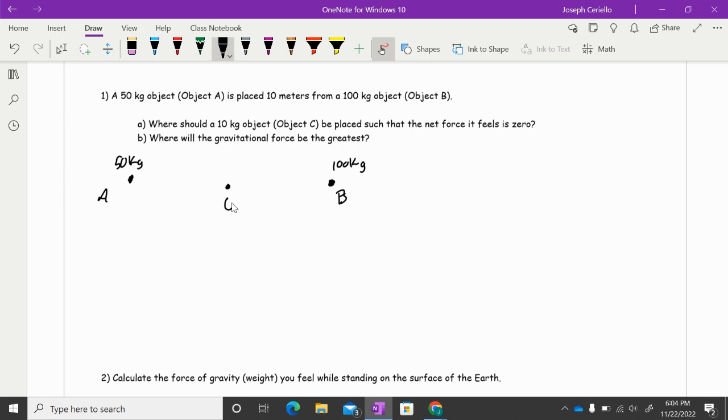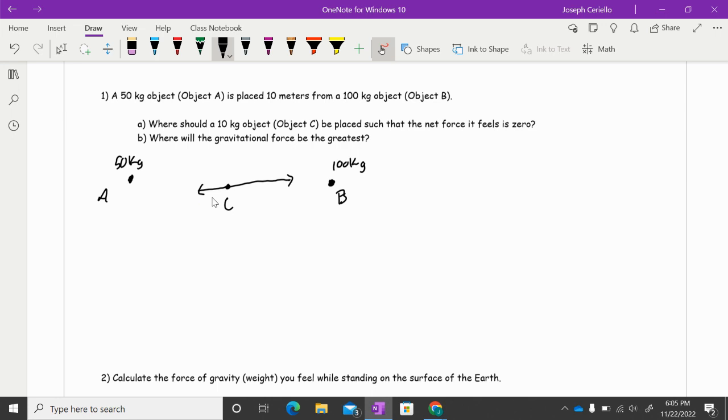Remember, the distances here are the same. So thinking about Newton's law of gravitation, our values are the same between A and C and B and C. So the only difference then is the masses. B has twice the mass that A has. So there would be a greater force pulling this way than pulling this way. It would actually be twice as big.